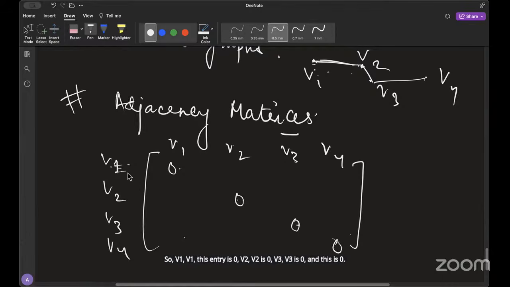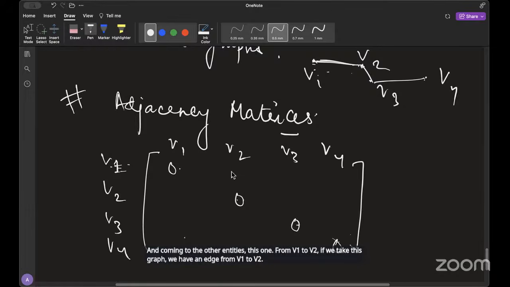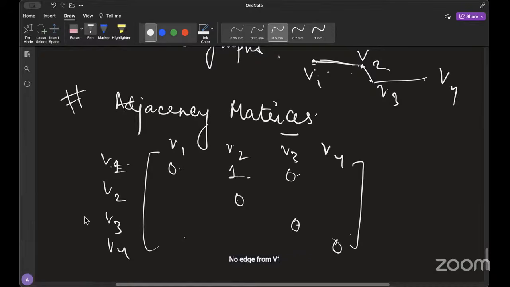Then coming to the other entries, if we take this graph, we have an edge from V1 to V2, so you'll have 1 here. No edge from V1 to V3, so a 0 here. No edge from V1 to V4, a 0 here. Then from V2 to V1, we have an edge, so 1 here.